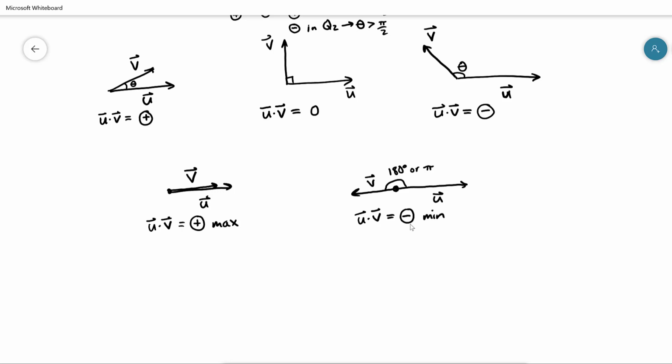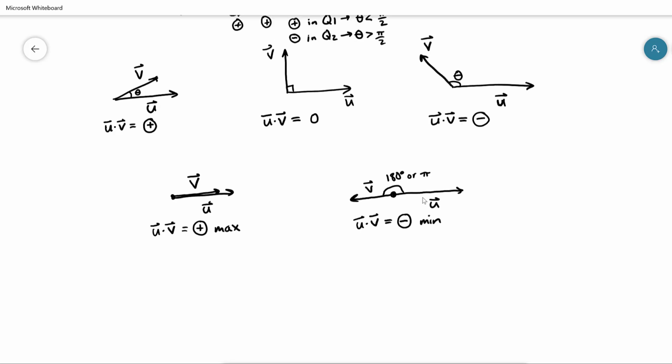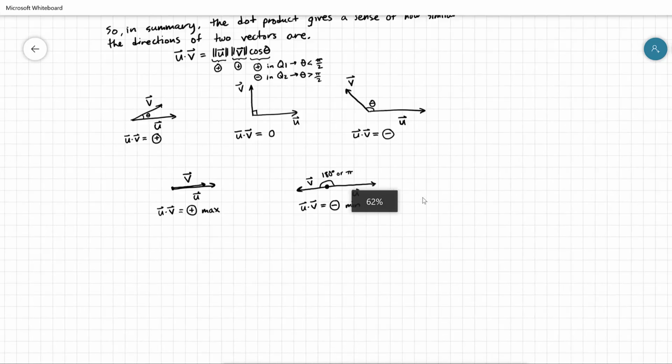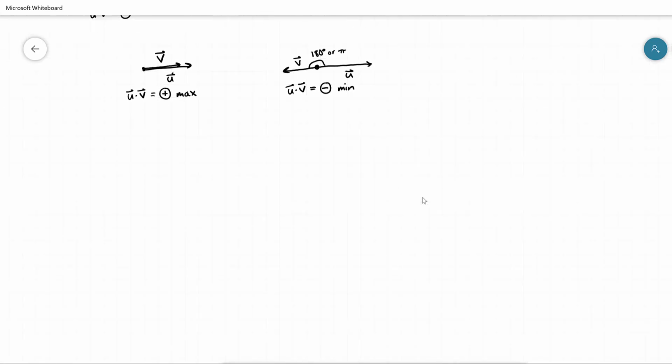The most negative it could possibly get comes when they are 180 degrees, pointing exactly opposite directions.